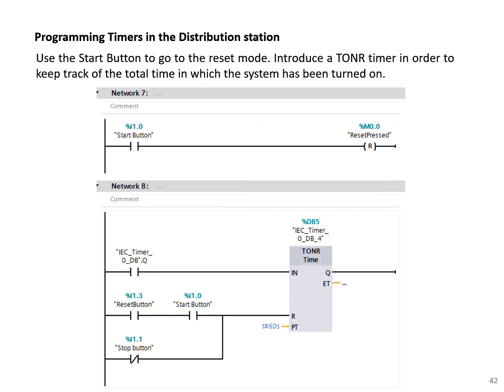Use the start button to go to the reset mode. Introduce timer. This is the retentive on delay timer, TON-R timer, in order to keep track of the total time in which the system has been turned on. So here we have a network 7 and network 8.